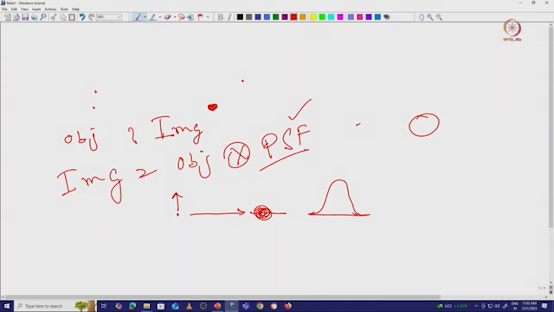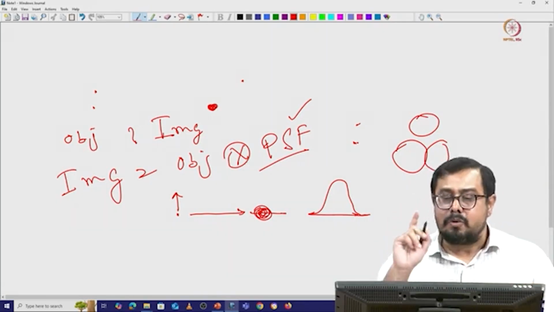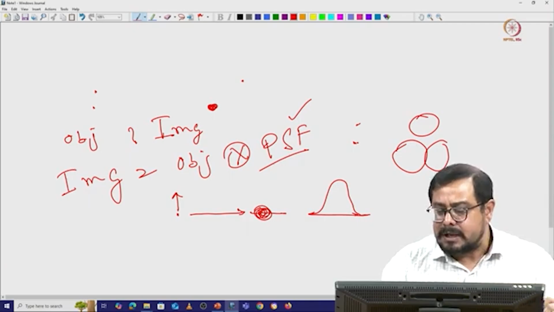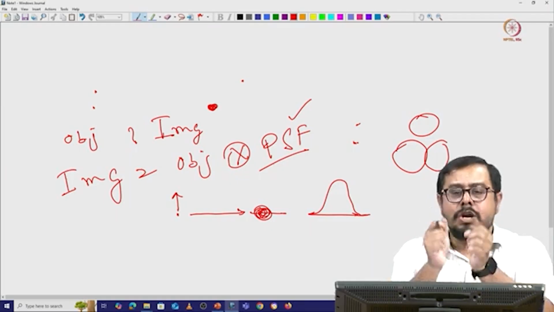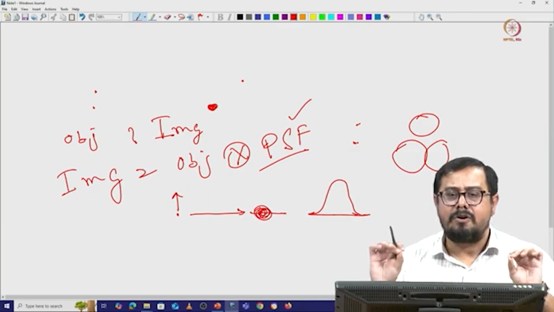If two dots are closely packed and very close to each other, both cases form this circular disk, or Airy disk. If the disks are attached like this, very close to each other but completely separated, that is when we can tell this is the maximum resolving power of that instrument, because these two dots are making disks but they are separated from each other. So when these Airy disks are separated, that is the resolving power of a microscope.